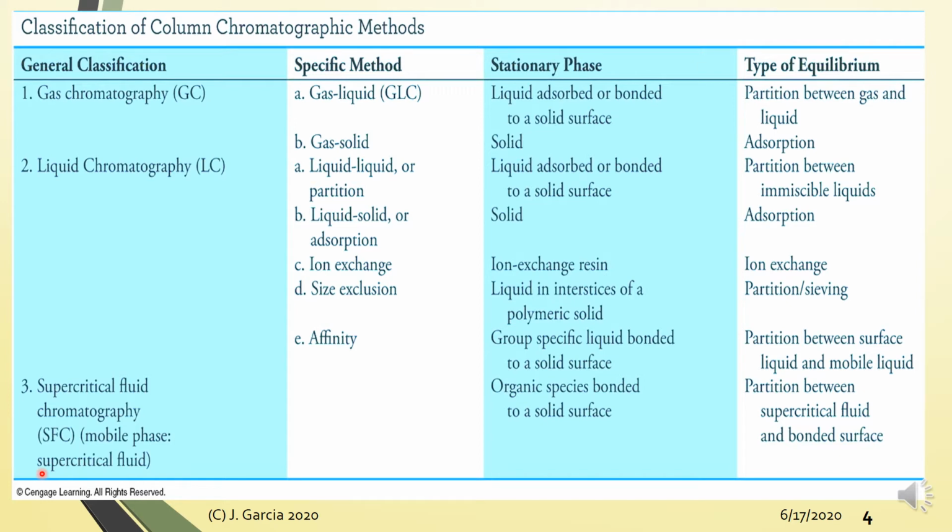A supercritical fluid is neither a gas nor a liquid, but a state wherein this particular fluid has properties of both a liquid and a gas. Commonly for SFC, what they use is supercritical carbon dioxide. Because of this unique property of supercritical carbon dioxide, separations are much better.